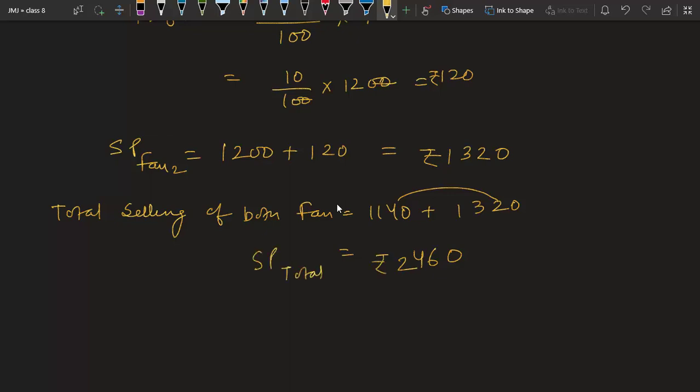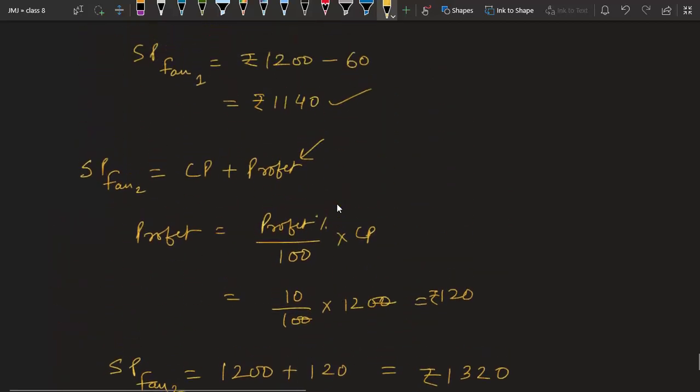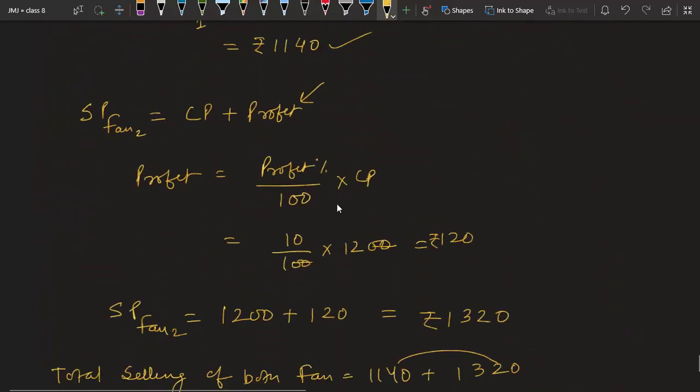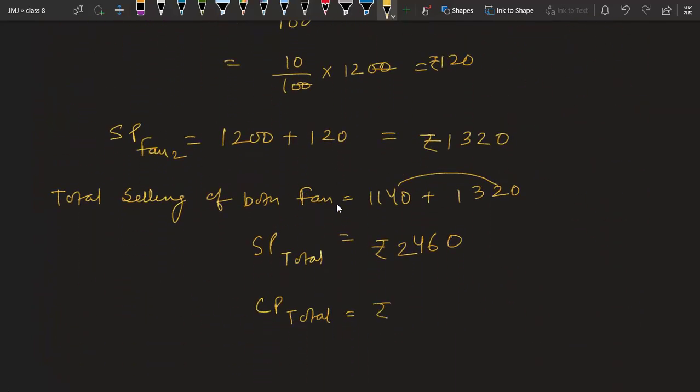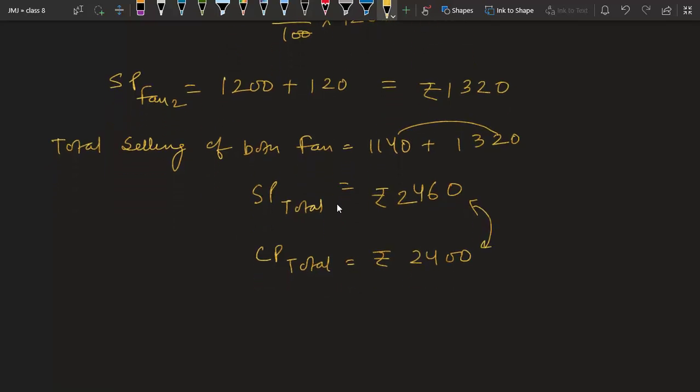And we have found in the first step the total CP is 2400. So we can say it is a profit of how much? 60 rupees. So let us find, profit is equal to SP minus CP. So overall he has a profit of 60 rupees, and that is 2460 minus 2400, the answer is rupees 60.